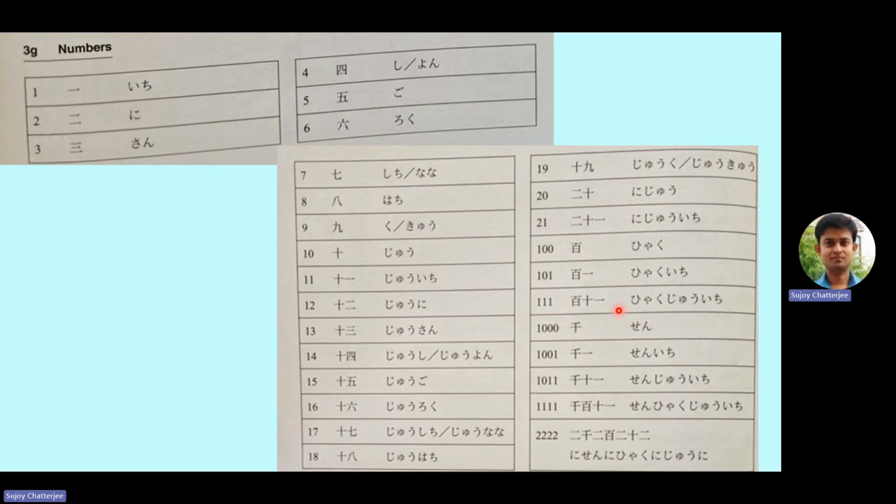Hyaku niju, that will be 120, because 100 is at the first place, then the tens position, then the unit position. So hyaku ju ni will be 112, and if you want to say 120, it will be hyaku niju. 130 will be hyaku sangju, and 113 will be hyaku ju sang.